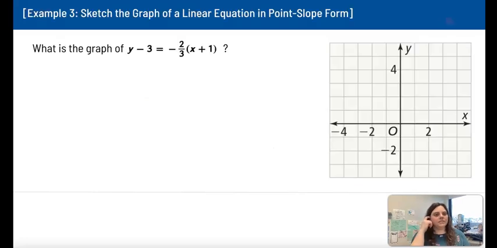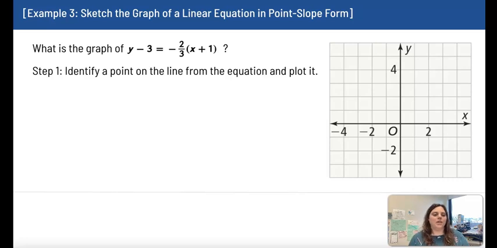Let's look at one more example, sketching a graph from an equation in point-slope form. What is the graph of y minus 3 equals negative 2/3 times (x plus 1)? We have a couple steps we'll go through. First, we'll identify a point on the line from the equation. Remember, the point on the line is going to be what's subtracted from y and what's subtracted from x.